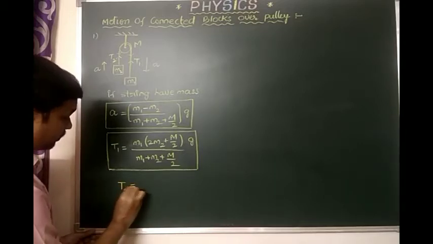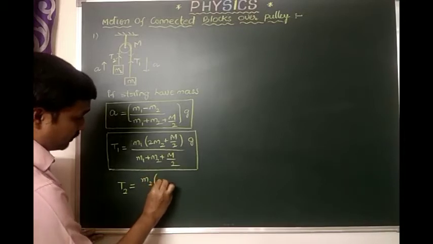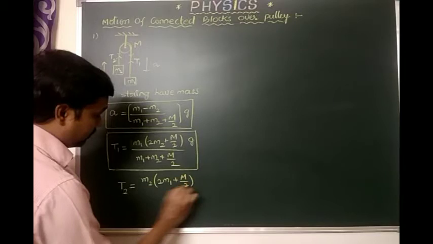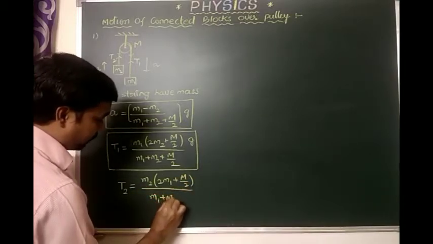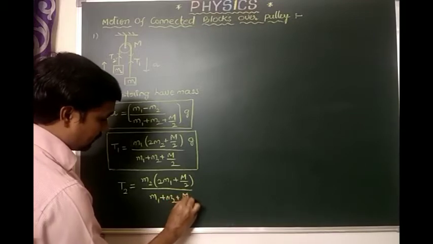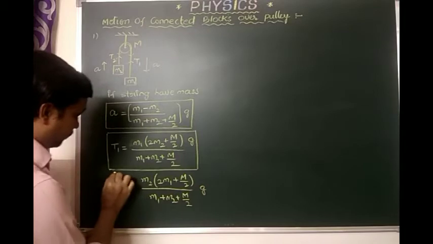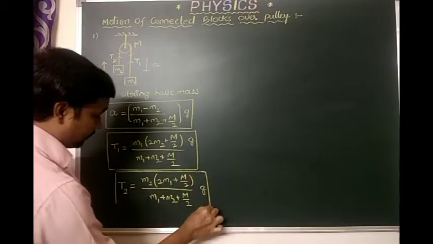Similarly, tension T2 in the string. T2 equals m2 of 2m1 plus m by 2 divided by m1 plus m2 plus m by 2 into g. This is the tension on the second side.